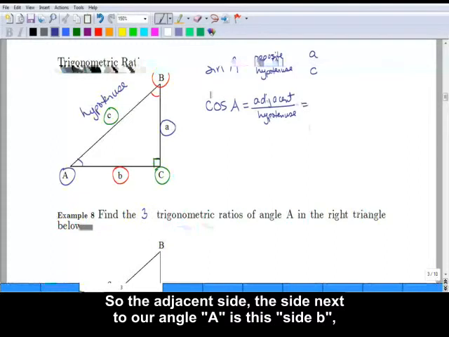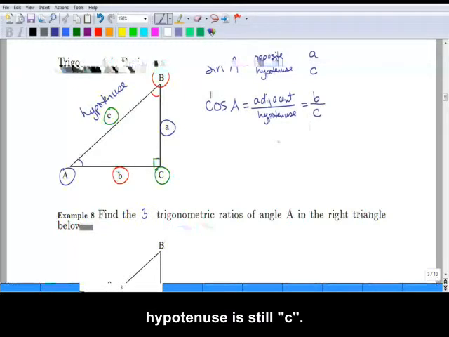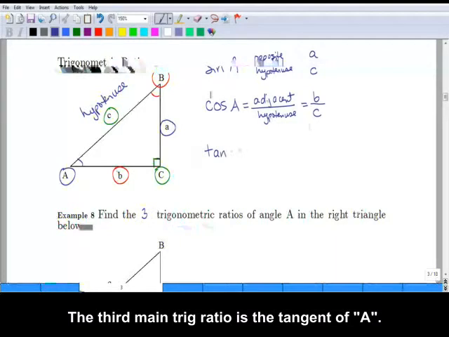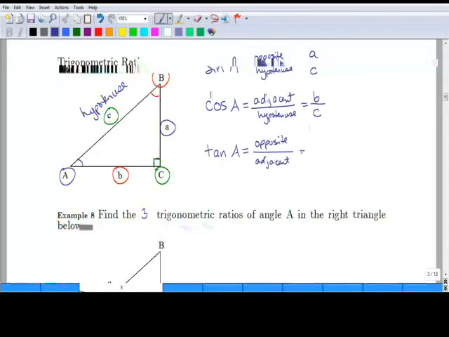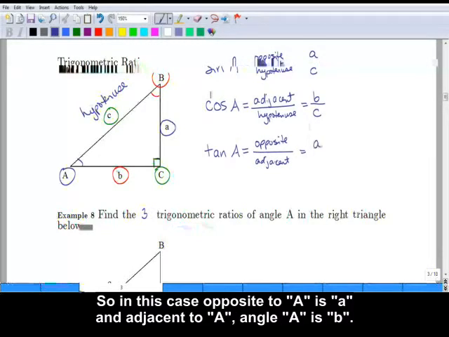So the adjacent side, the side next to our angle A, is this side B. Hypotenuse is still C. The third main trig ratio is the tangent of A, and this is the ratio of the opposite side divided by the adjacent side. So in this case, opposite to A is A, and adjacent to angle A is B.